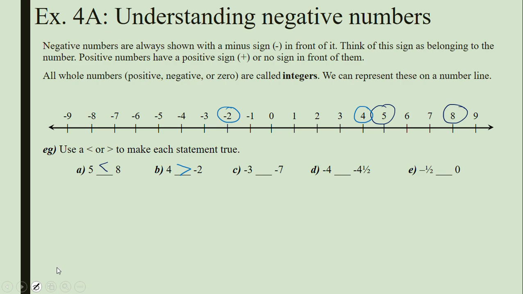Okay, the next example, part C, -3 and -7. Now in the past I've had a lot of students tell me that -3 is smaller than -7 because they neglect to look at those negative signs in front, okay? Here you'll notice that the -7 is to the left of the -3 and therefore it is smaller, okay, or the 3 is larger.